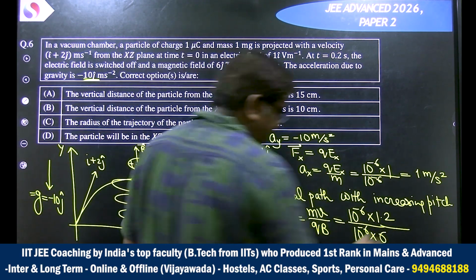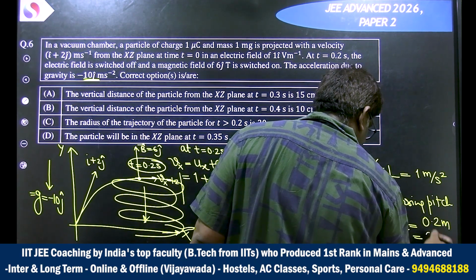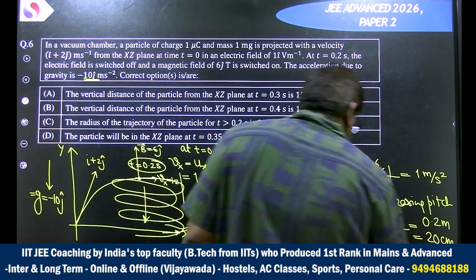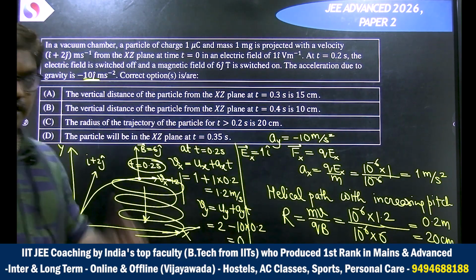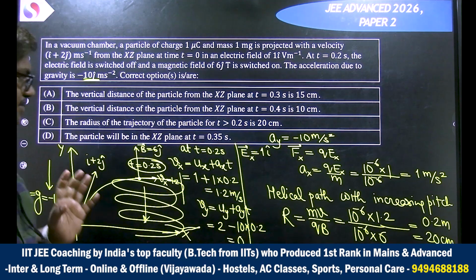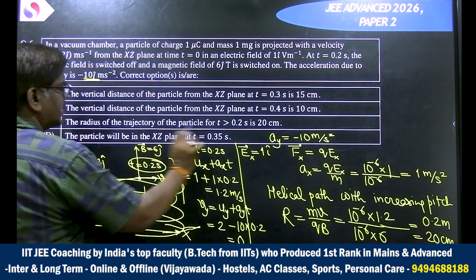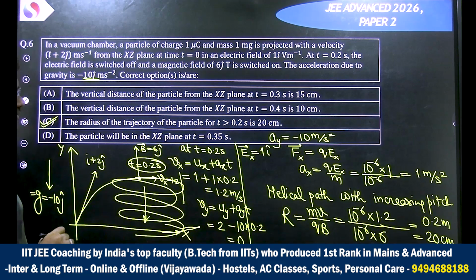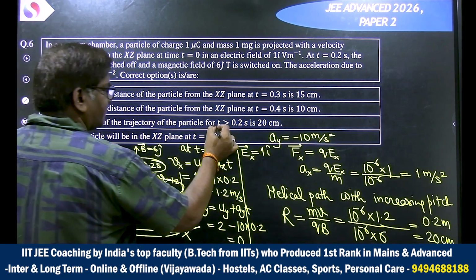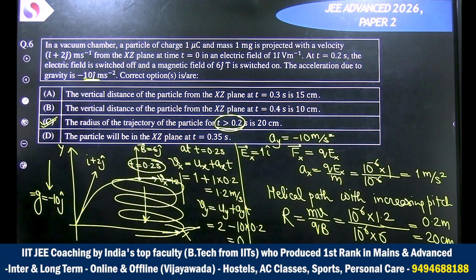From here you get 0.2 meter, which is 20 centimeter. So this is a helical path with radius 20 centimeters. So clearly option C, we got it. The radius of the helical path is this. After 0.2, it is moving in a helical path with 20 centimeter radius.